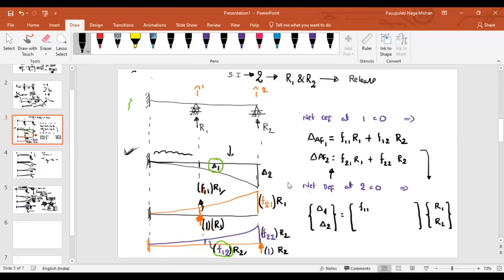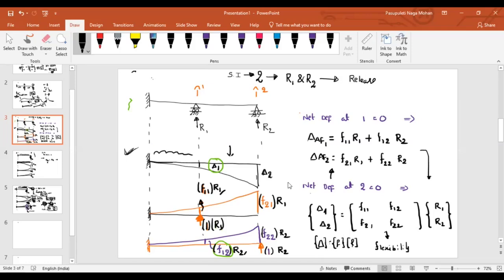If you take common F11, F12, F21, F22, you can multiply and you can see that you get the above equations. So what is this called? This is what is called the flexibility matrix. The same equation that we have applied: delta will be equal to the flexibility times the reactions or forces.